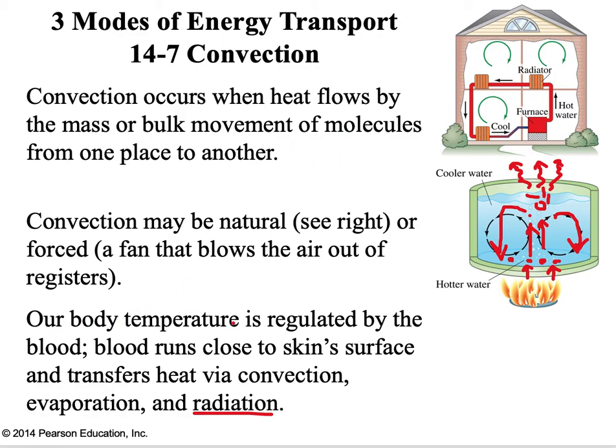Our body temperature is regulated by blood. Blood runs close to the skin surface and transfers heat via convection, evaporation, and radiation, all three. So if you've ever been in a spin class and you're working out and you have a lot of sweat that develops on your skin, the very first thing you want to do is remove the sweat off your skin. Get that water off your skin so your body can cool by radiation and evaporation.